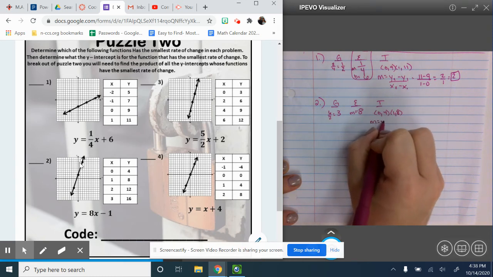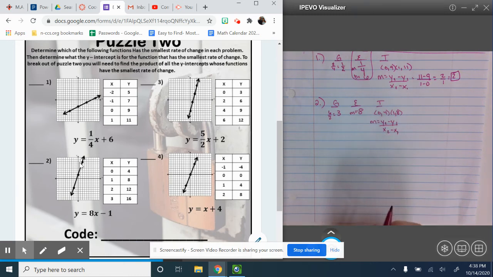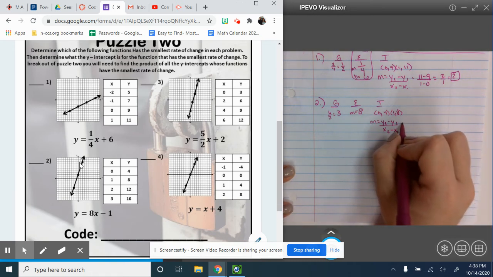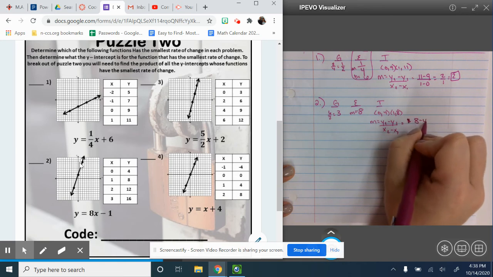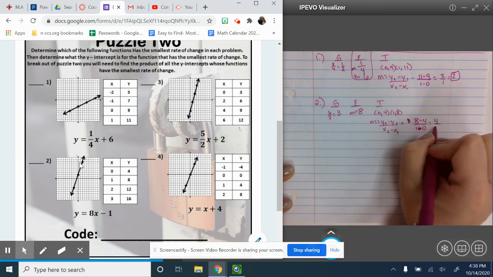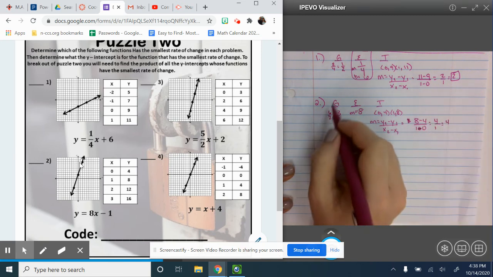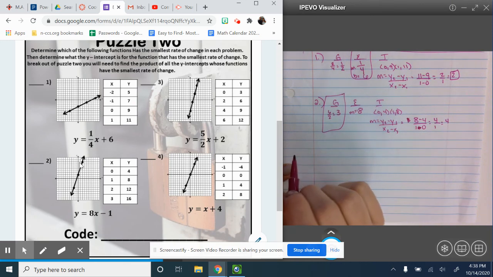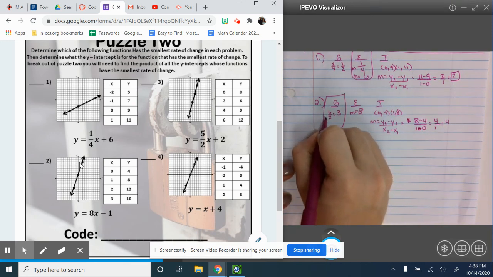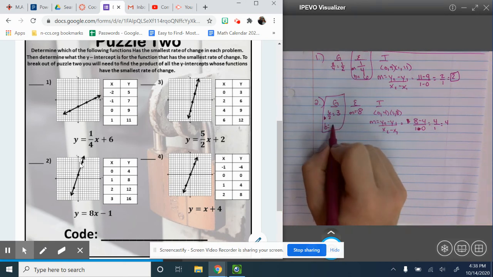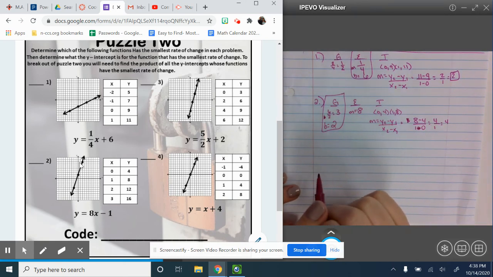So when I plug in y2 minus y1 over x2 minus x1, then I can plug in my numbers. So I have 8, that's an 8, not an 18. 8 minus 4 over 1 minus 0 gives me 4 over 1, which is 4. So when I'm trying to find the smallest, it is from my graph. So that's my m, and my b is positive 2 this time.